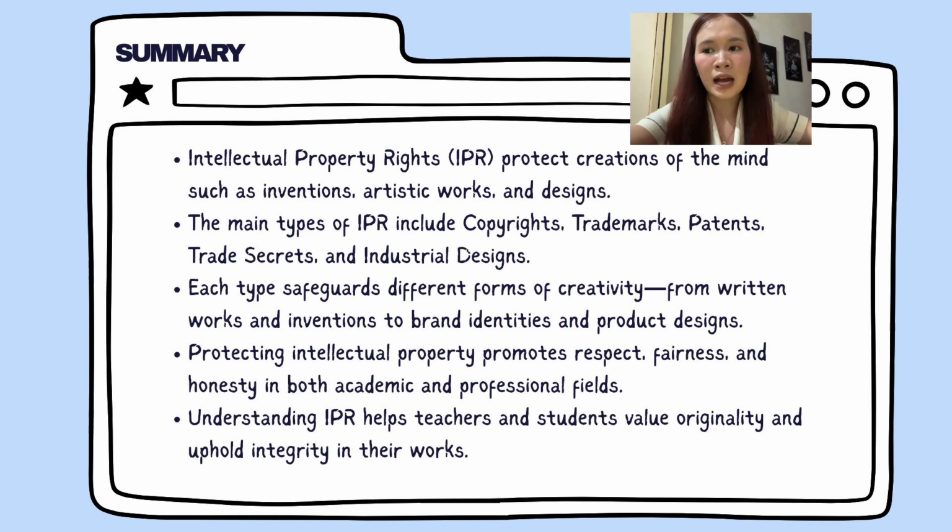There are different kinds of IPR, just like copyright, trademark, patent. Protecting IPR is important because it teaches us how to be honest, fair, and respectful of others' work. It also reminds us to be original and value our own ideas, especially in school or in our future work.